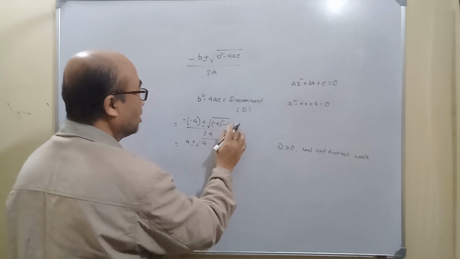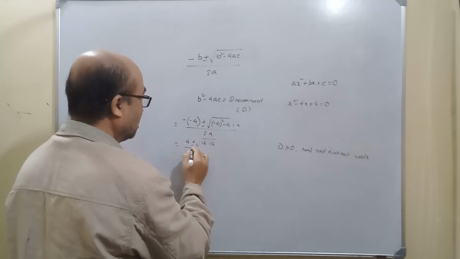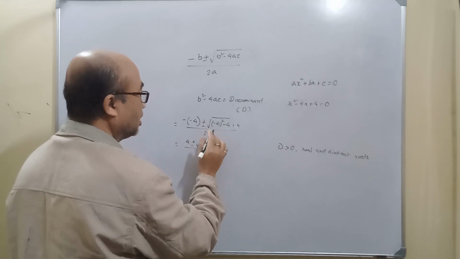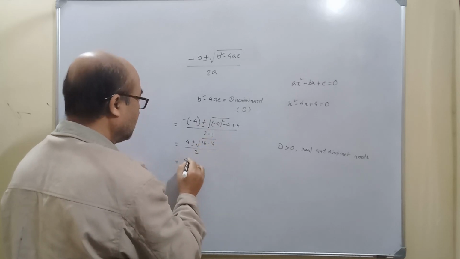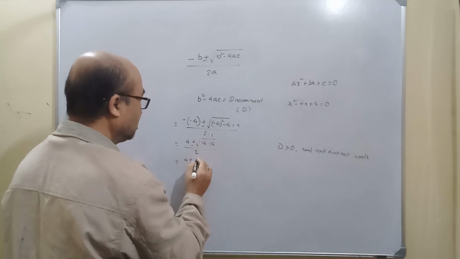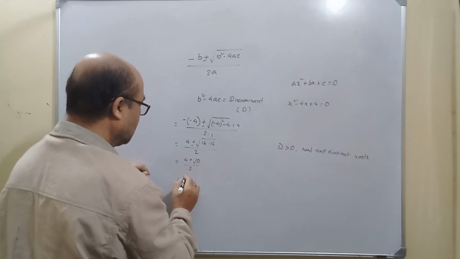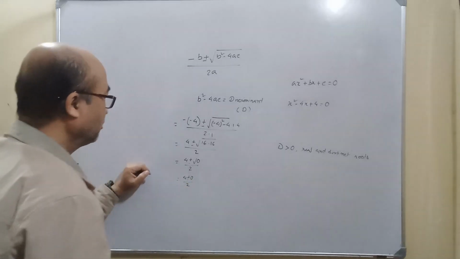So we get minus minus 4, plus minus the square root of 16 minus 16. What is 2a? 2a is 2. So this is 4 plus minus the square root of 16 minus 16, which is 0, by 2. So 4 plus minus 0 by 2.